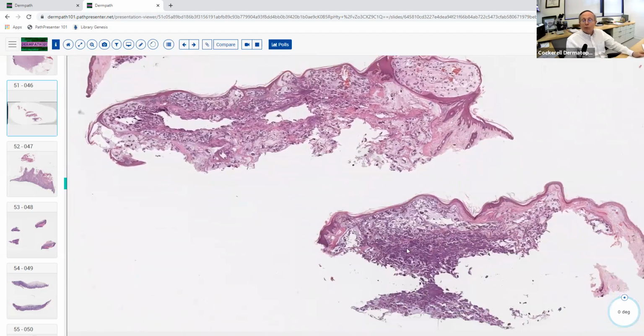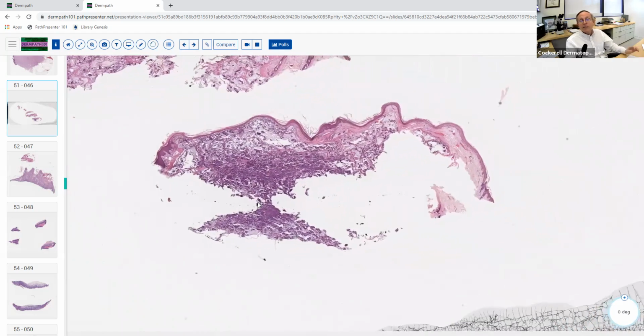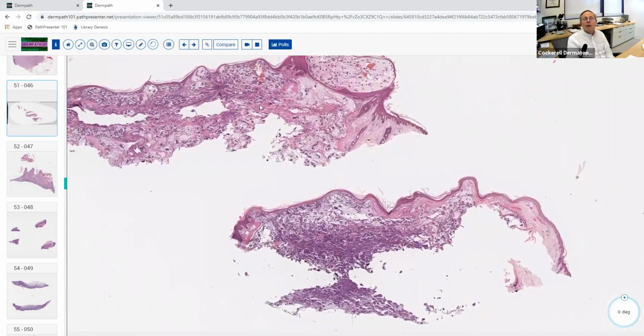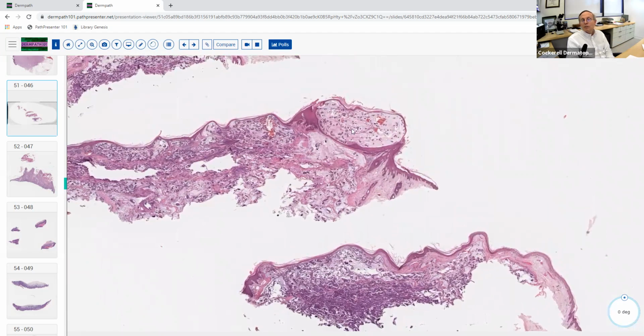As for inflammatory versus neoplastic, well, clearly it's not inflammatory. It's a neoplastic process. You've got these dark basophilic cells here, sitting mostly in the dermis. We don't really see a lot of epidermal involvement. We also see some pallor here, so pale material, and then these basophilic cells as well.